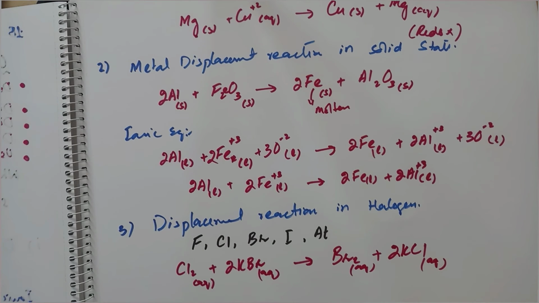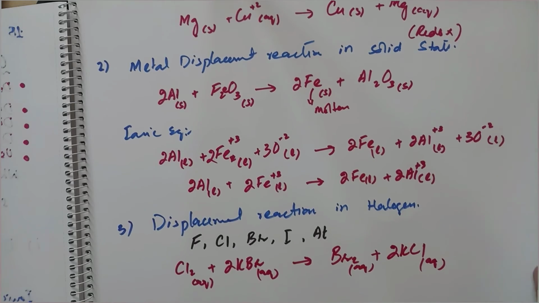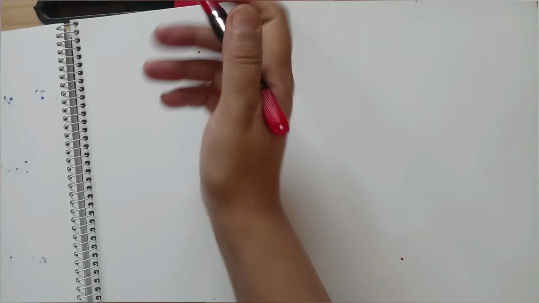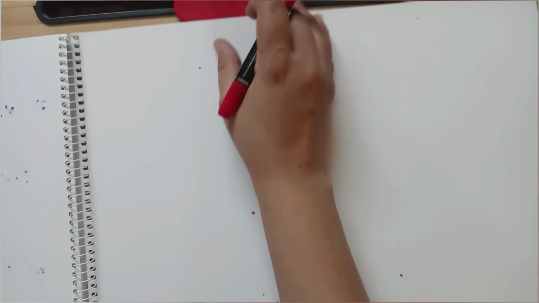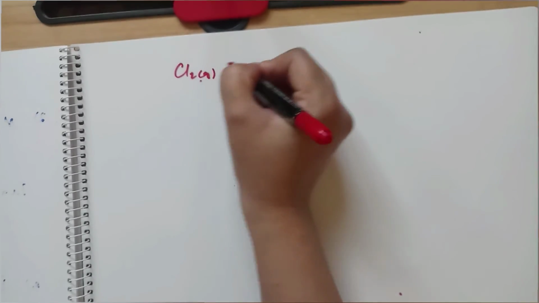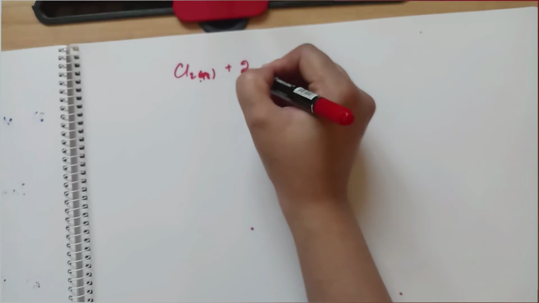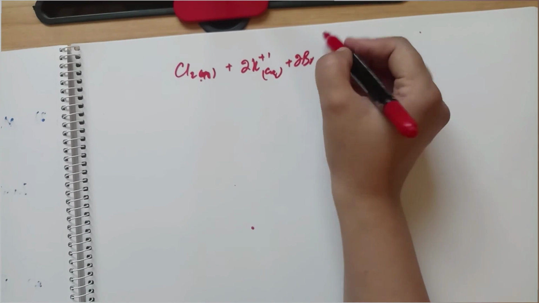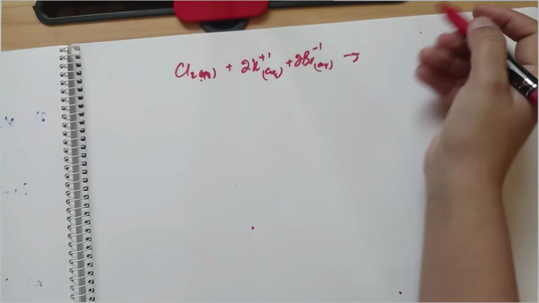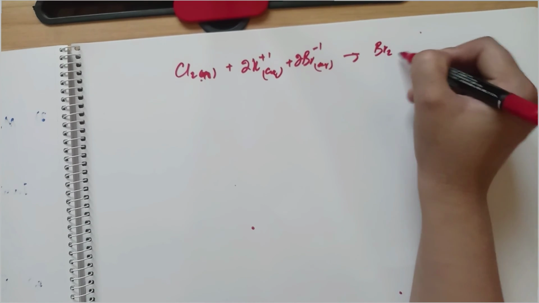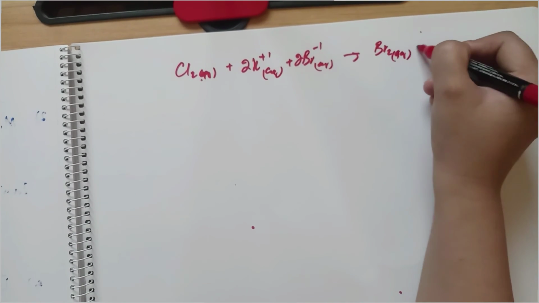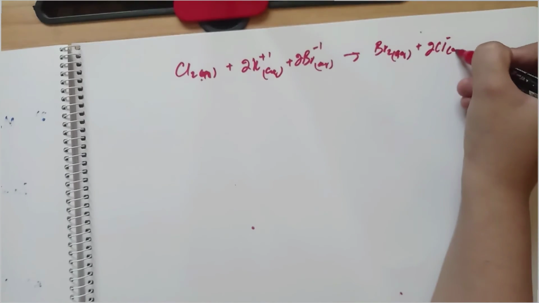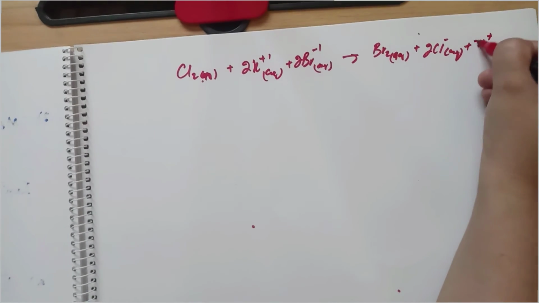And again if we want to write the ionic equation, as they are present in an aqueous solution, and chlorine is a molecule, chlorine remains unchanged in aqueous solution, and the potassium ion and bromide ion in a solution give us bromine in an aqueous solution, and similarly chloride ion and potassium ion in aqueous solution.